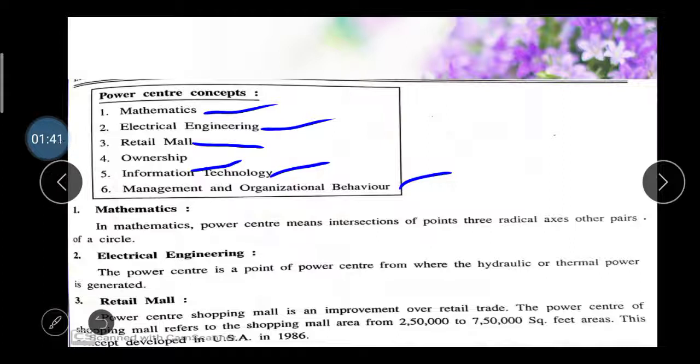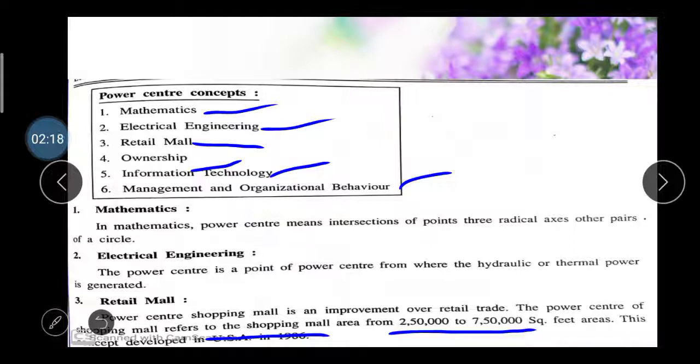Then in electrical engineering, the power center is the point where the power from hydro and thermal power is generated. Then in the retail mall, a power center is a shopping mall, an improvement over retail trade, referred to as a shopping mall of 2,50,000 to 7,50,000 square feet, and this concept was developed in the USA in 1986.